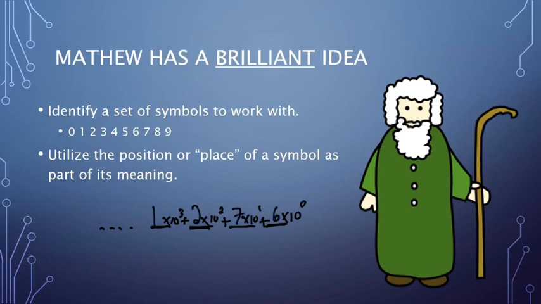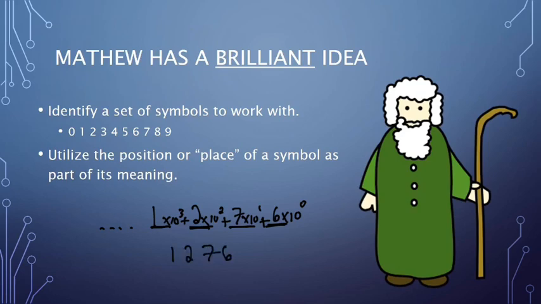So, for instance, if he has 1,276 sheep, then he could use his number system to write this thusly. Now, it's kind of messy looking, but again, it's the position of the symbol that Matthew zeroed in on to represent the base, or the power of 10, rather, that the digit or symbol is being multiplied by.